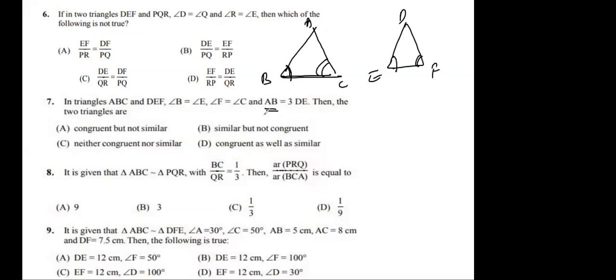But it is given that AB is equal to 3DE. AB is thrice of this one, so it is not possible. If AB were equal to DE, then by side-angle the triangles could be congruent, but here it is 3 times. So we can say that it is similar but not congruent. Let's move to the next question.